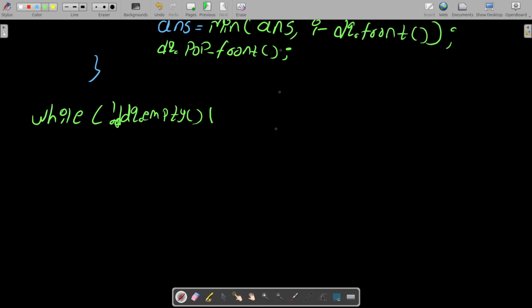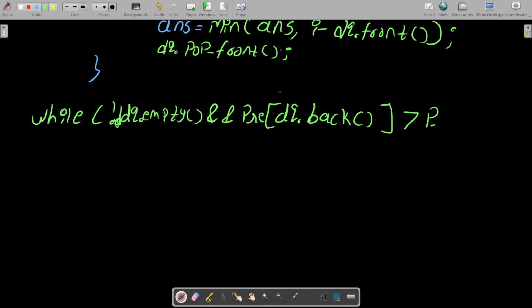So I would write that condition: if dq dot, we are checking from the back, prefix of dq dot back is greater than prefix of current, then we would do the pop.